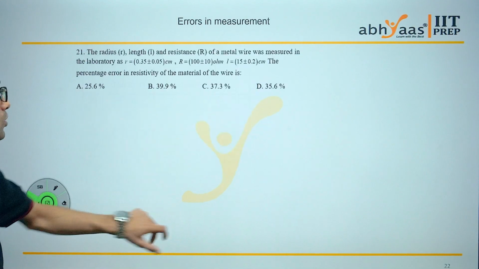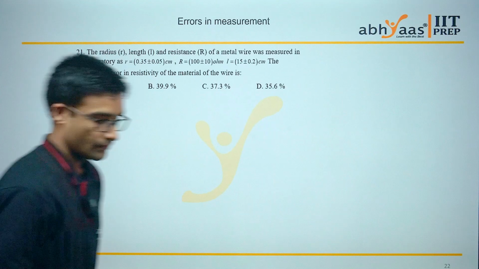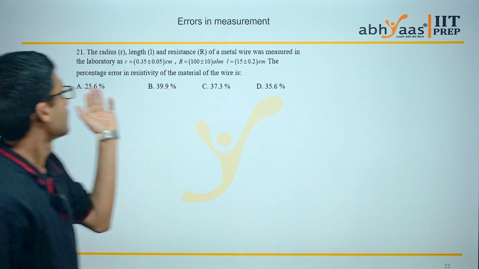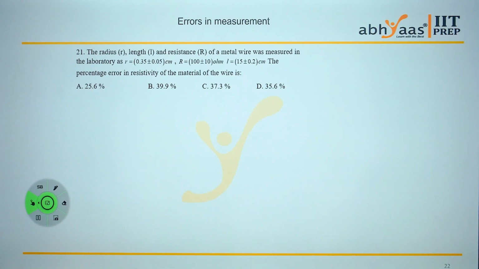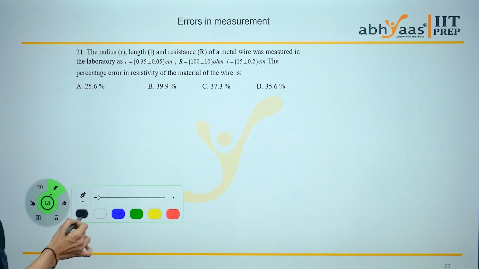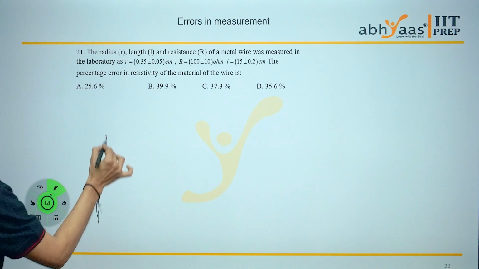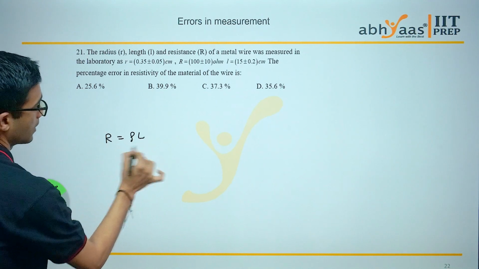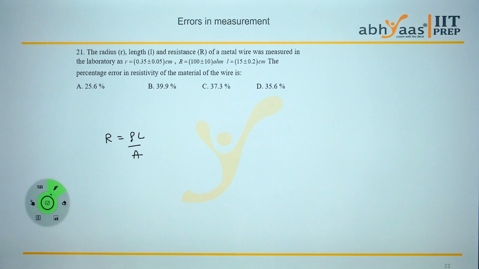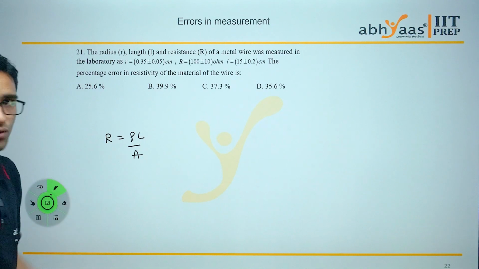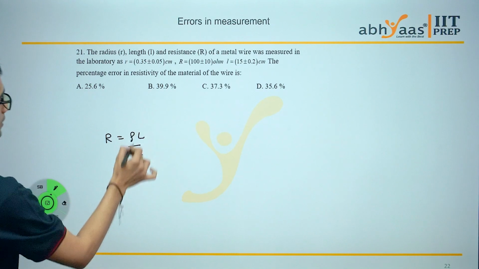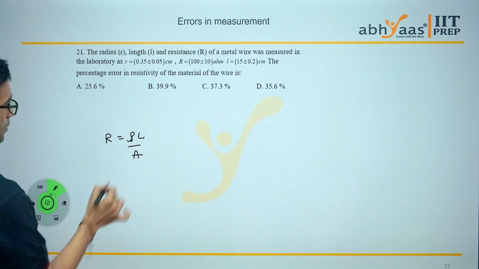Now going to the next question. What is this, resistivity? You know R is equal to rho L by A, this is the resistance formula. But he is asking resistivity, that means rho.